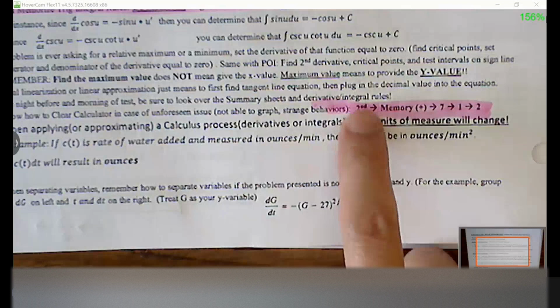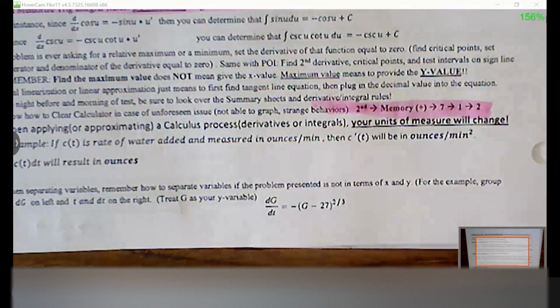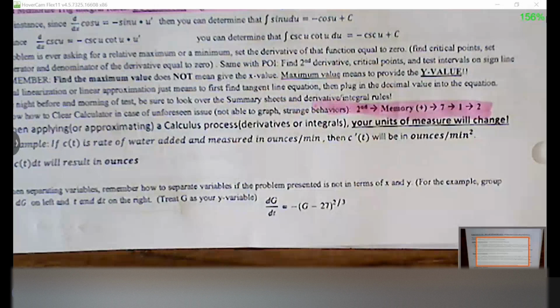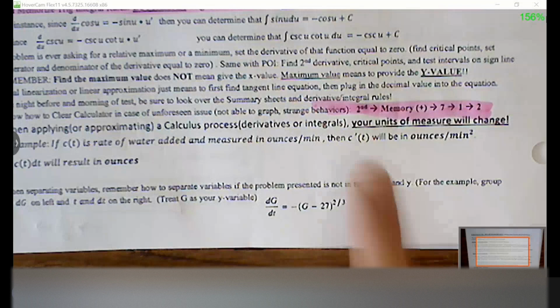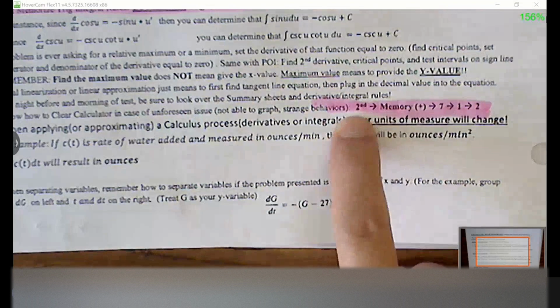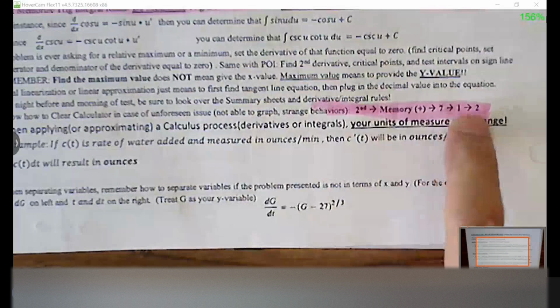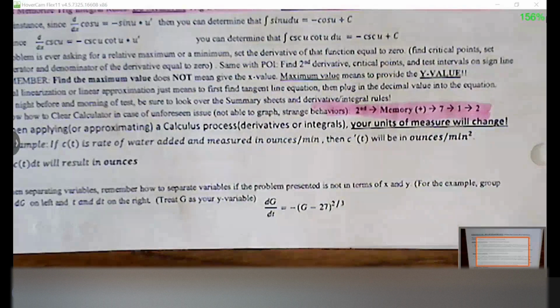So I like to tell students, hey, worst case scenario, know how to clear your memory, because if you clear your memory, it'll take everything back to where it was before. It'll put you in radian mode, and it's just a nice feature to have. So you're going to go to second memory and then 712, and that will clear things out and it'll take you back to where you were before.